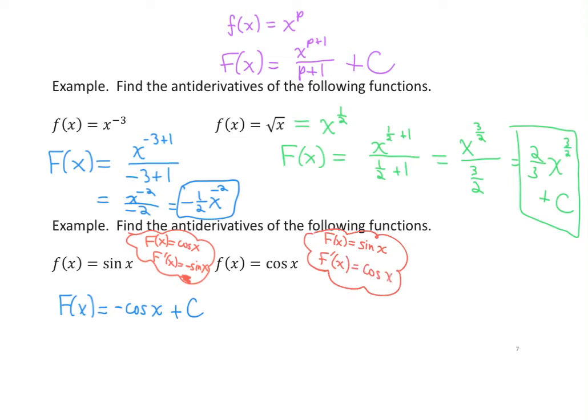In this case, we actually end up with exactly the right answer, which means we can just say that capital F of x in this case is just going to be sine x plus c.